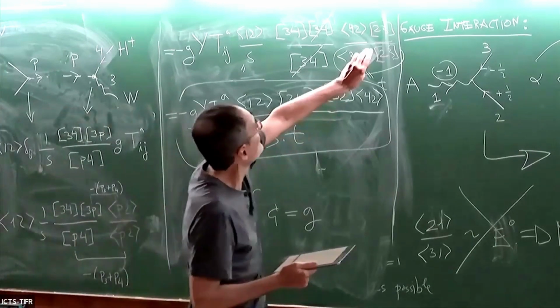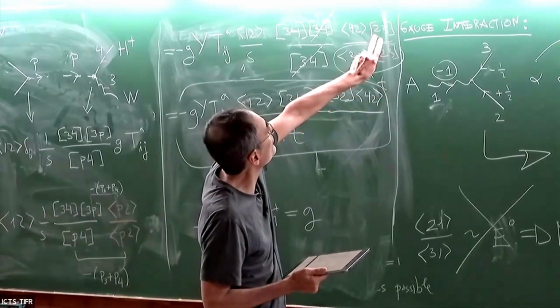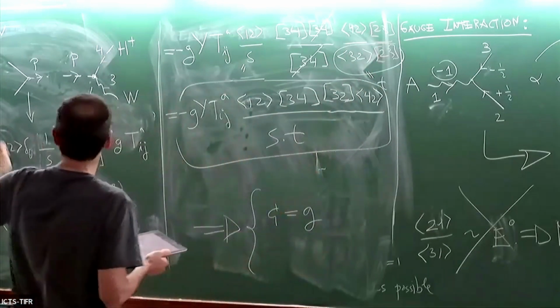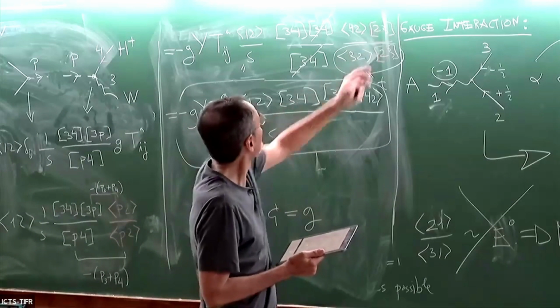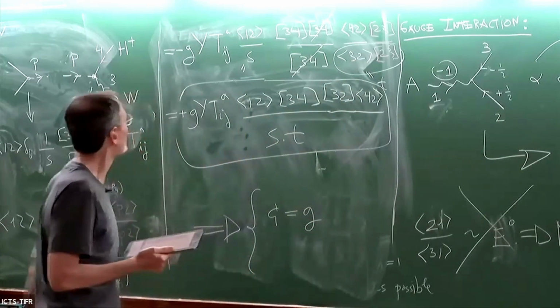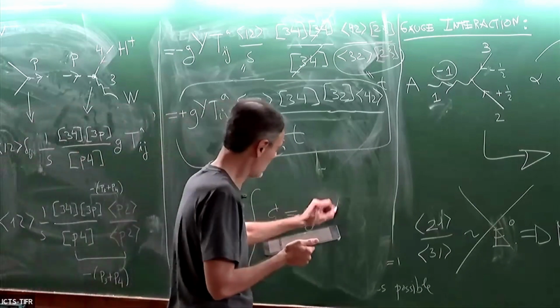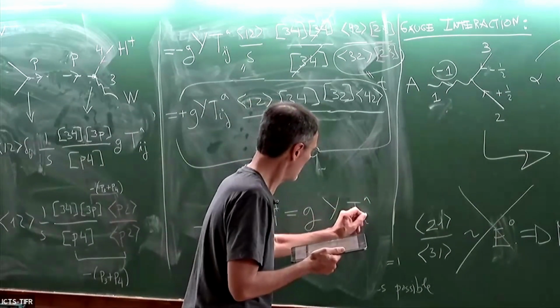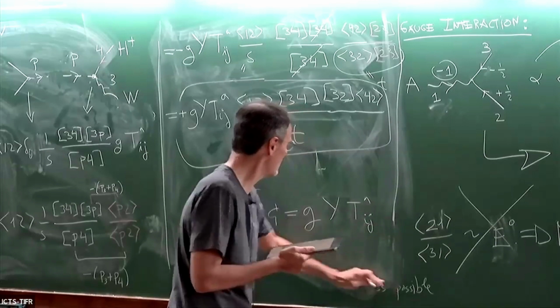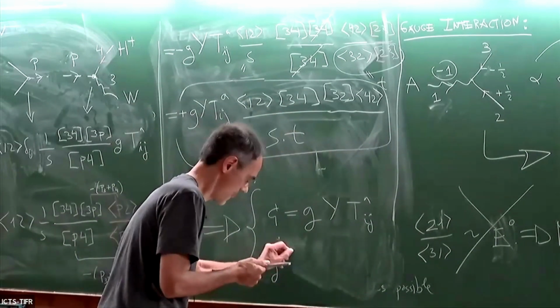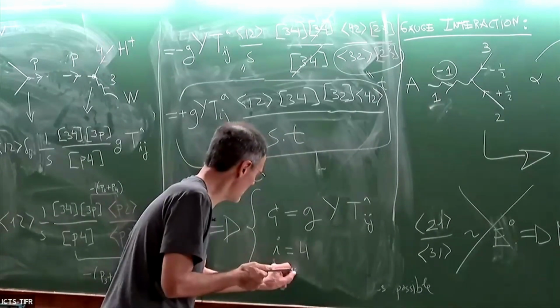The minus comes from ⟨2 3⟩ having to go to ⟨3 2⟩, to write it as I have it there. I was missing this minus sign, and now this guy is G times hypercharge T^A_ij. This is the coefficient C, and I and J are fixed.